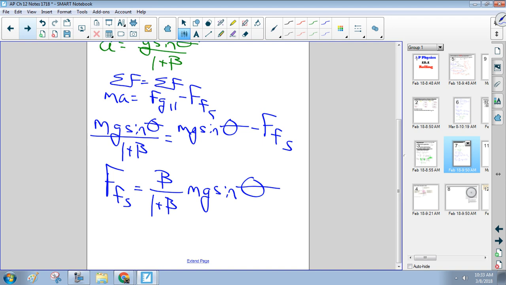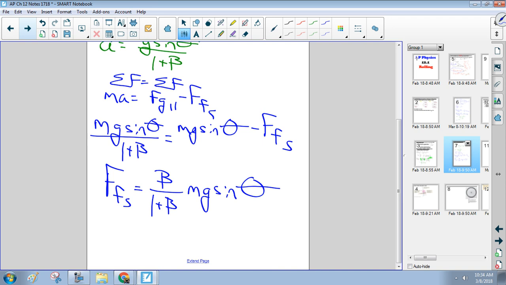Does that make sense or no? If you factor out the 1 plus beta, I think you'll see what happens. And you've got to do common denominators, right? This is 1 plus beta over 1 plus beta. Do you guys want me to do it real quick? No, please. Okay.